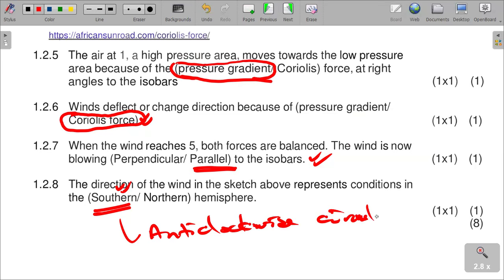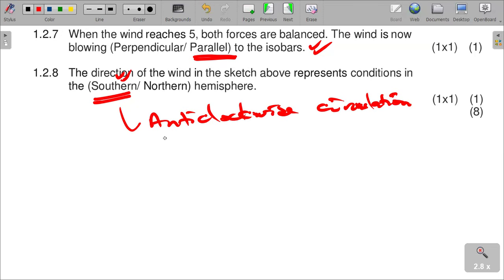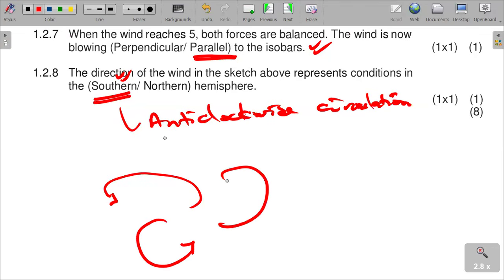The anti-clockwise circulation identifies that we are having air movement taking place in the southern hemisphere. And the clockwise is when it circulates in the northern hemisphere. So in the southern hemisphere, wind moves in an anti-clockwise direction, from the high pressure to the low pressure.